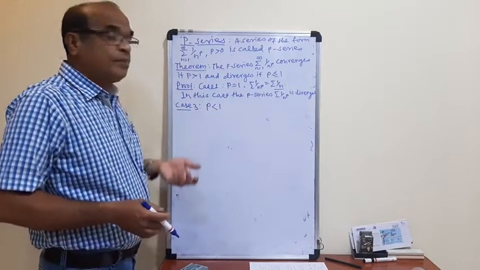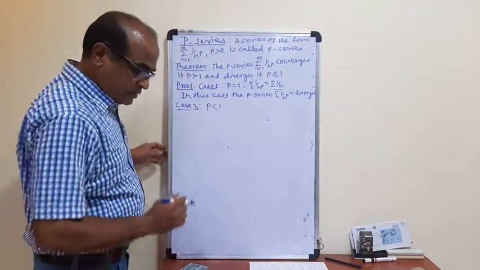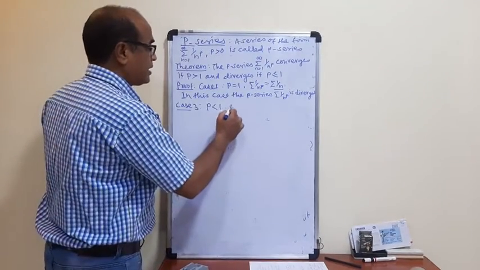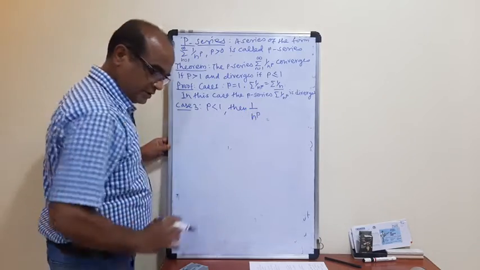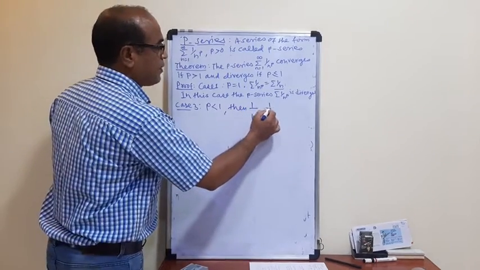Then what happened for P less than 1? If P is less than 1, then what is 1 upon n raised to P? What is the relation with 1 upon n?